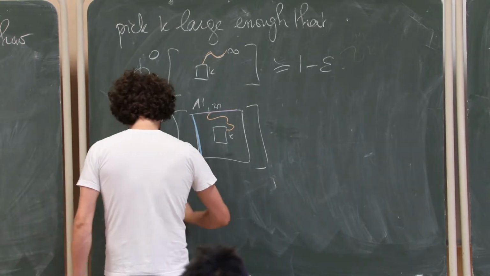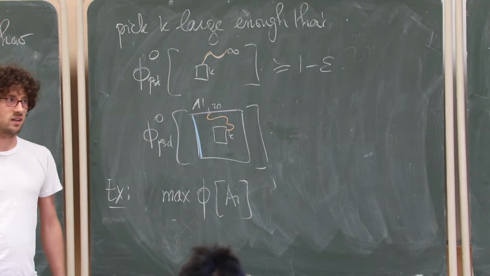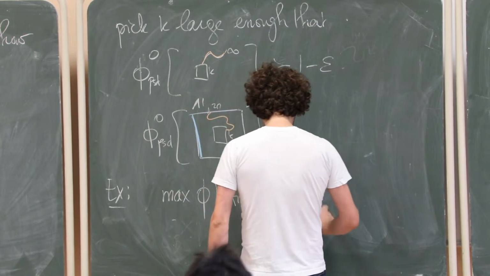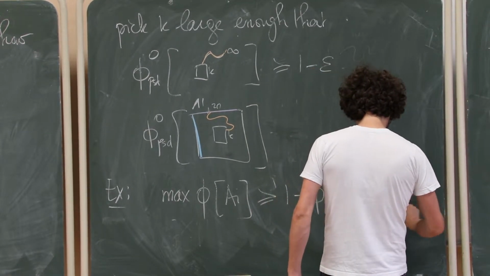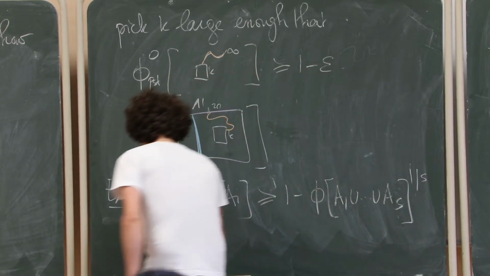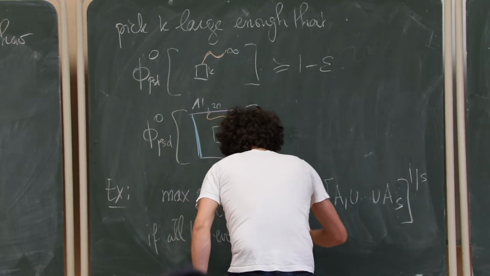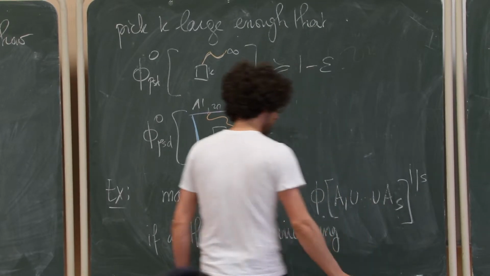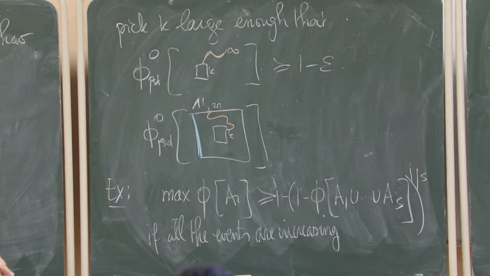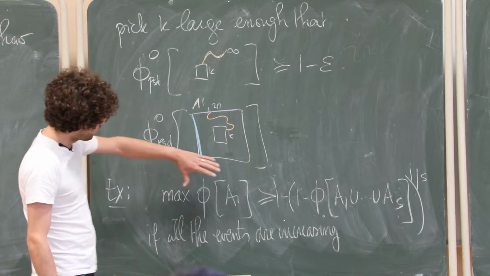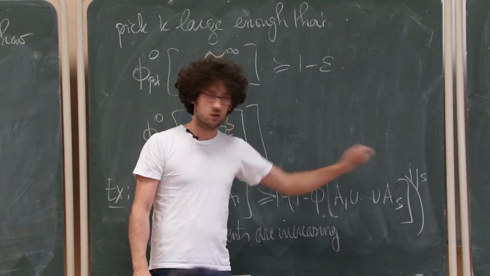The max probability of the events A_i, when they are increasing, is larger or equal to 1 minus the probability of the union of A_1 to A_S, to the power 1 over S. So if all the events are increasing, one of the events has a probability larger than 1 minus the probability of the union to a certain power.